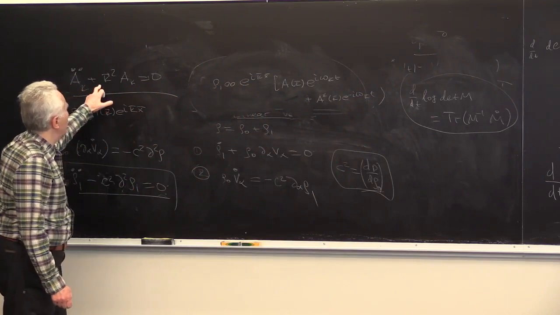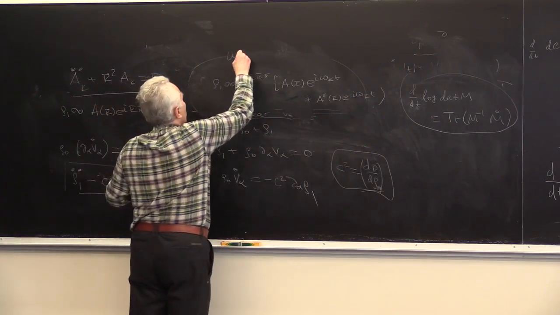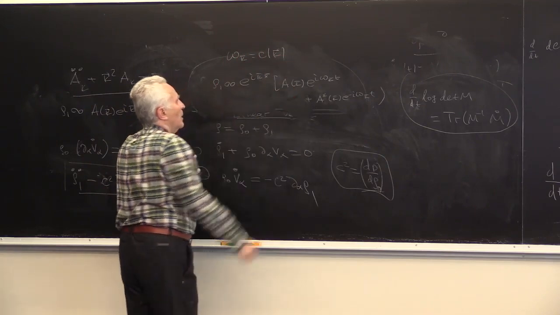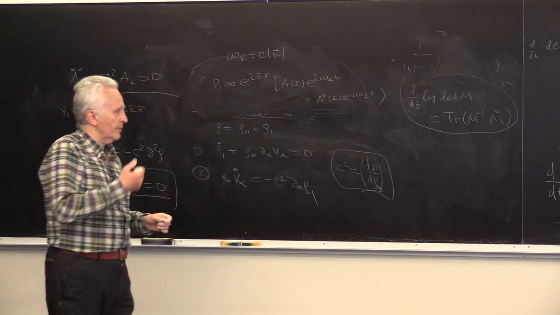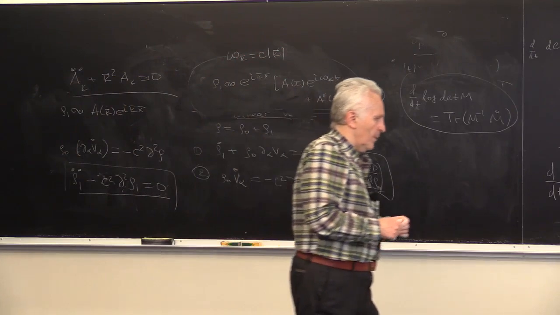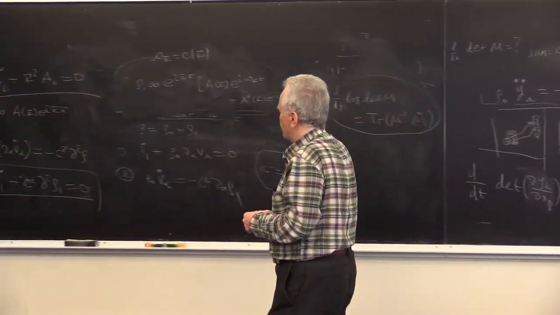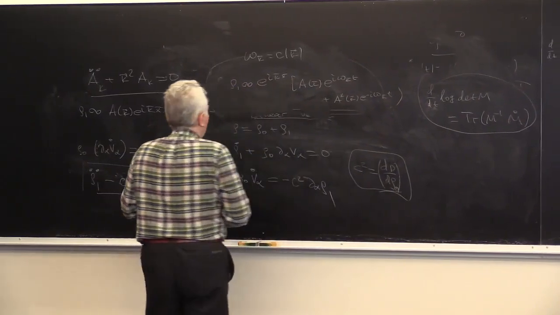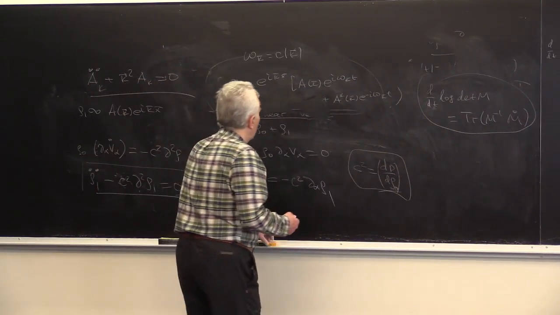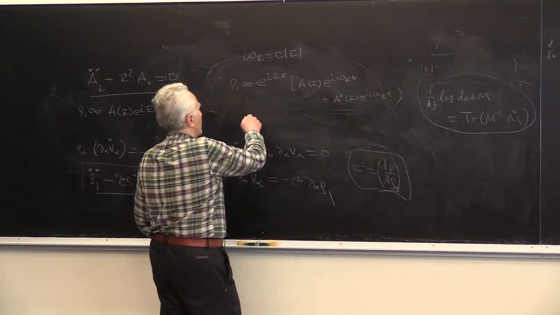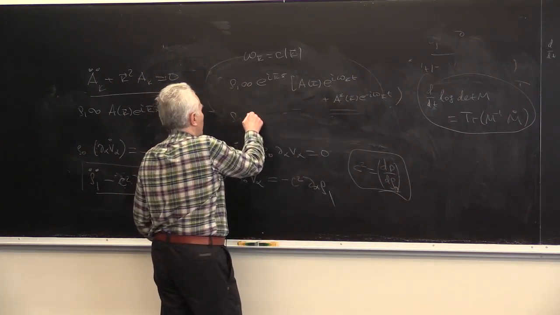That's the general solution of this equation, and omega k is ck. So what are we describing now? What physical process? What happens? I shall even write it down in real form.